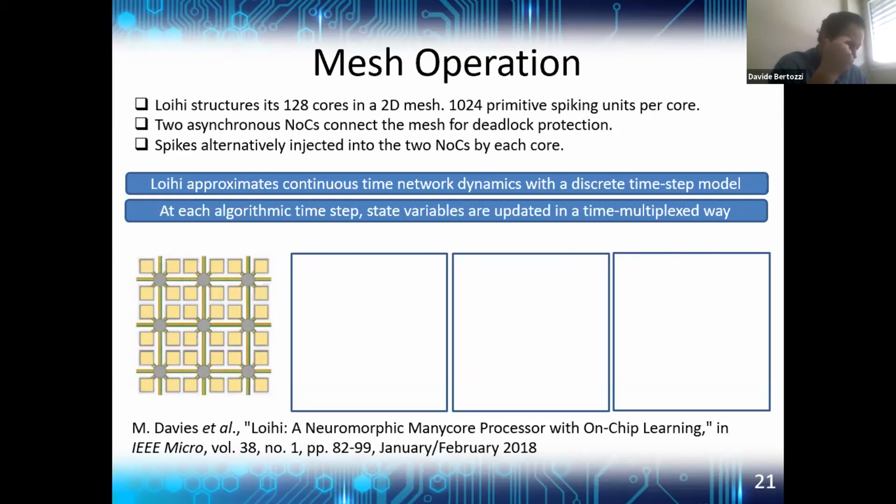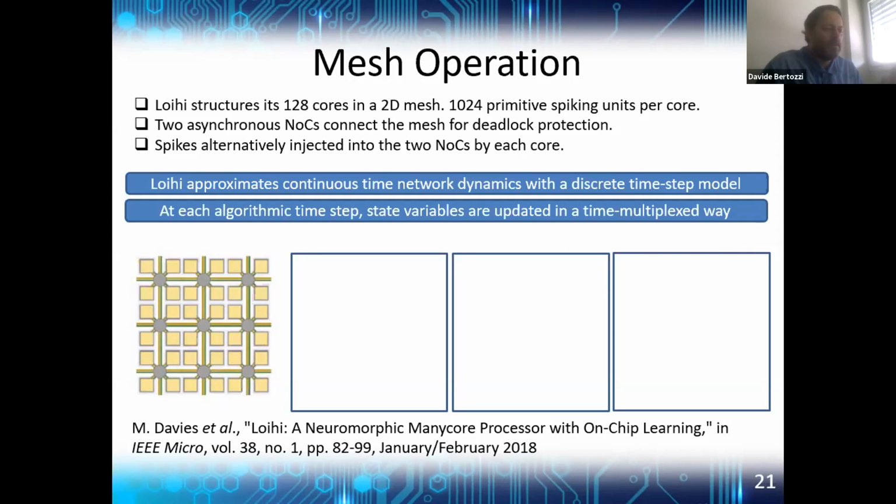The reason for this, which is very common in neuromorphic systems, is that these systems need to keep up with biological dynamics. These biological dynamics are in the order of milliseconds, and silicon is typically too fast for that. So we need to capitalize on the higher speed of silicon, for instance, to multiplex the update of the spiking units in time in each neural core. This is pretty common in this kind of systems.